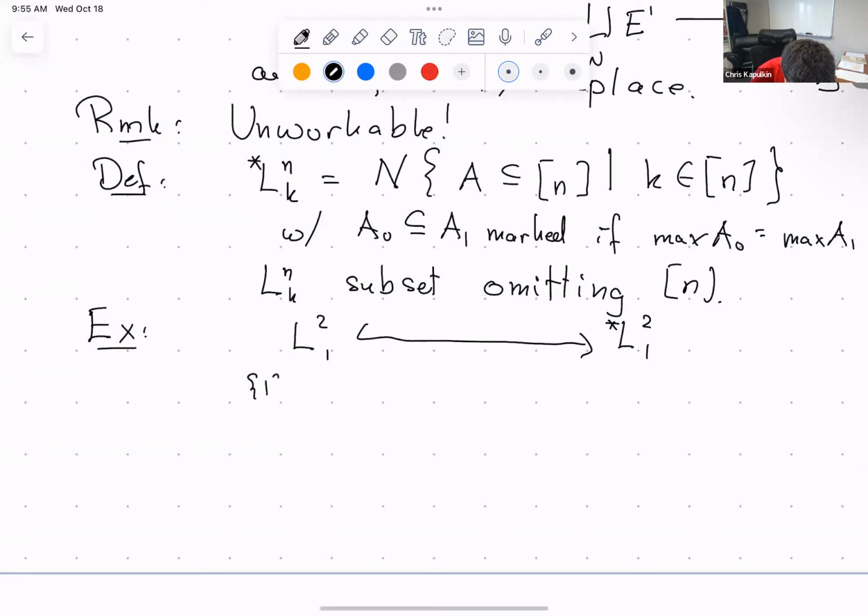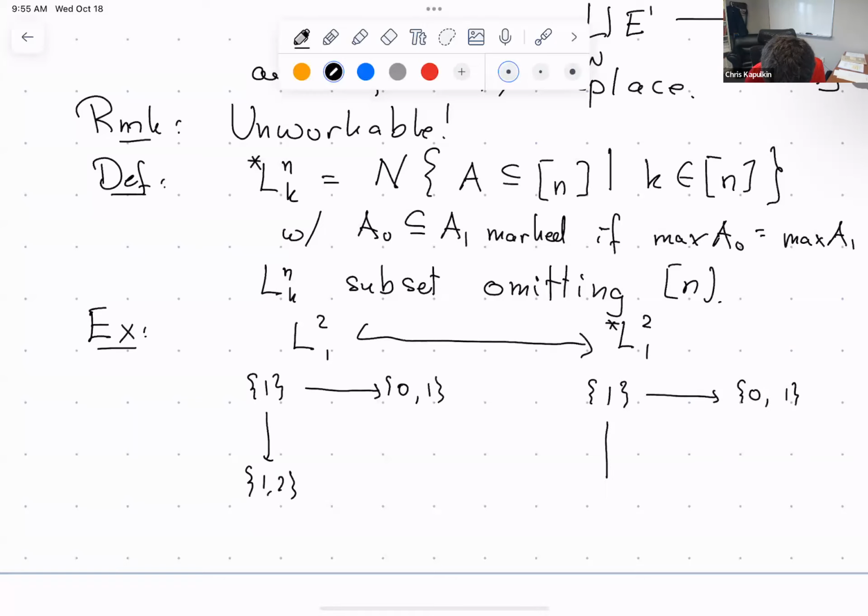There is 1, there is 1, 2, and there is 0, 1, and they have maps like so. If I take all the subsets, it will be 1, 0, 1, 1, 2, and the whole thing, 0, 1, 2.